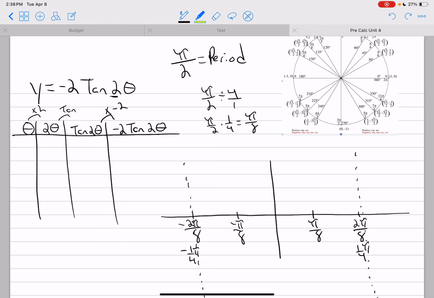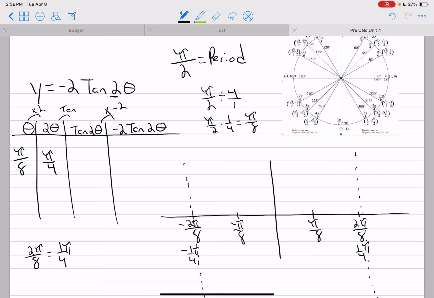So I'll start with pi over 8. So my input is pi over 8. Take that and multiply it by 2, and I end up with 2 pi over 8, which is 1/4 pi. So this is pi over 4.